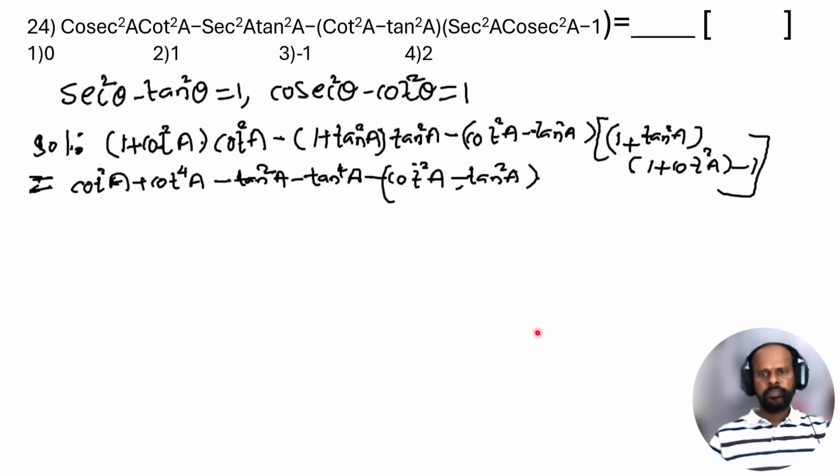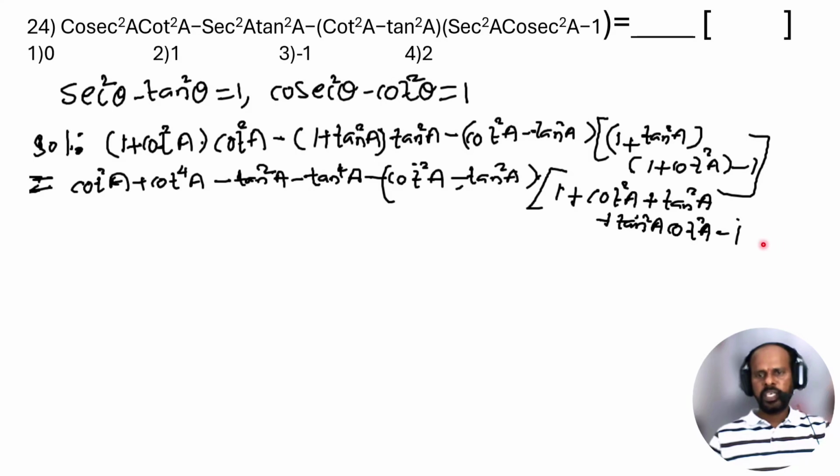And next if you multiply these two terms, 1 into 1, 1 into cot square A, tan square A into 1 is tan square A, and tan square A into cot square A is tan square A into cot square A, and last minus 1 is as it is, bracket close. Now in these terms if you observe, cot power 4A and tan power 4A writing at a time.